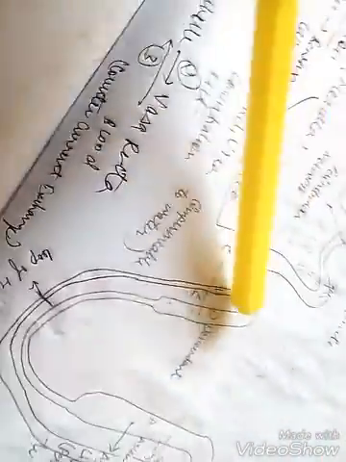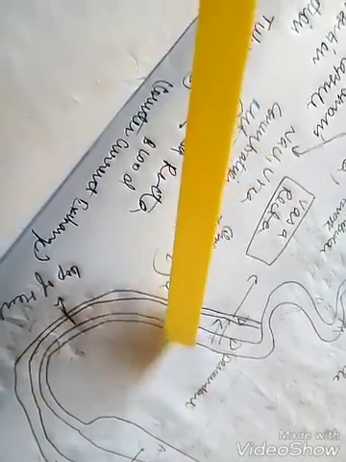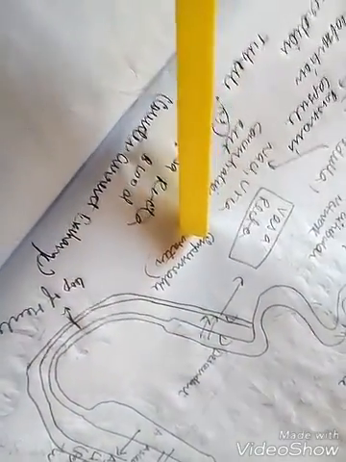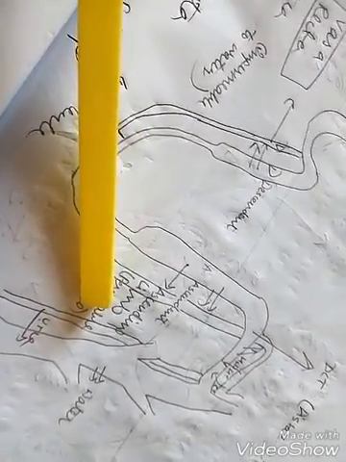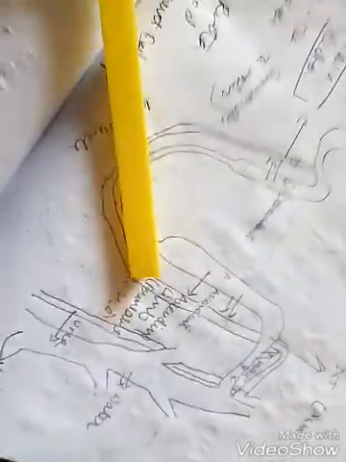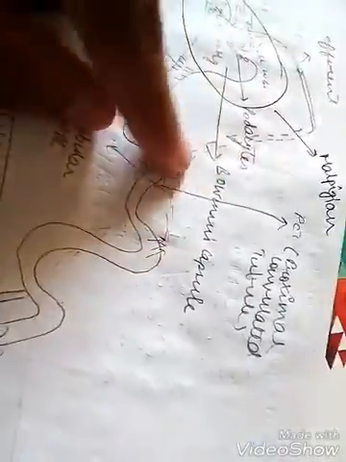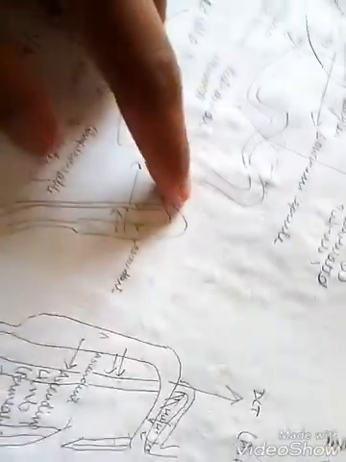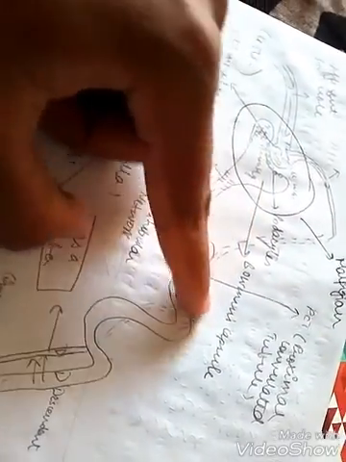Like see over here, the descending loop of Henle is impermeable to water, and this part is permeable to water. Everything in this pipeline comes, okay, remember this pipeline, never get confused between this and this. This pipeline is known as the peritubular network.